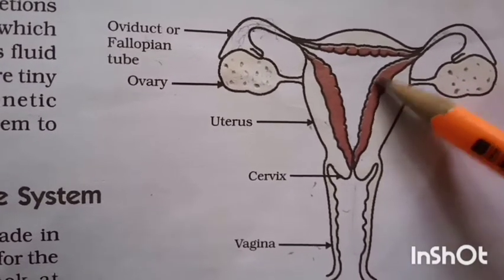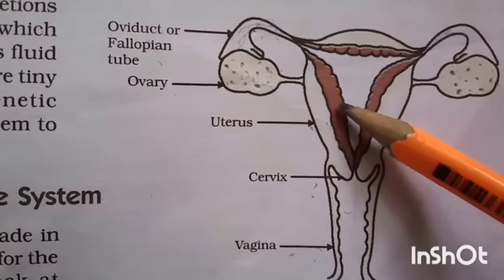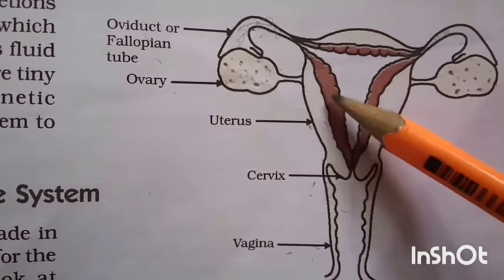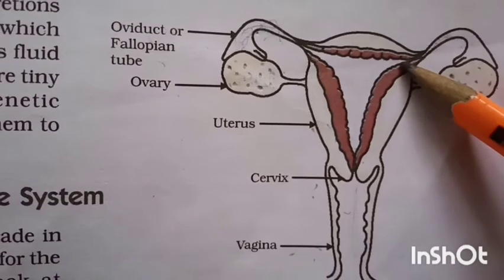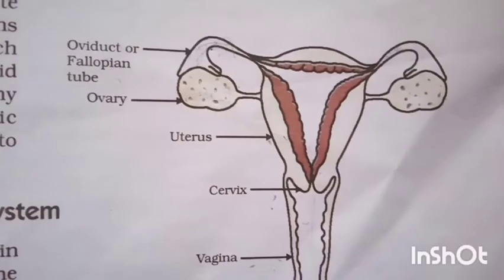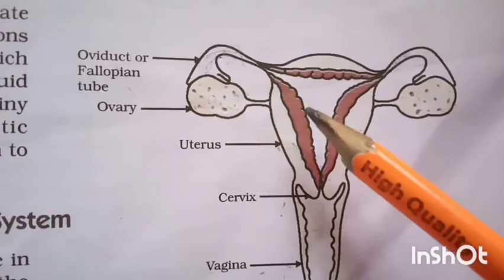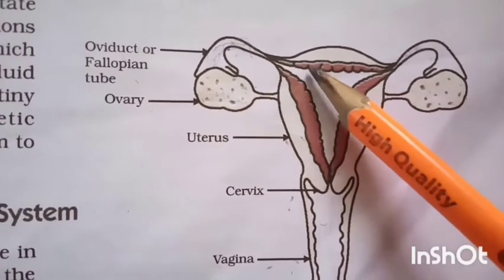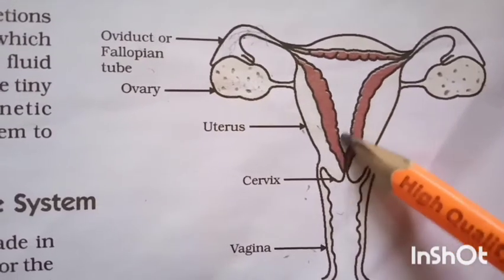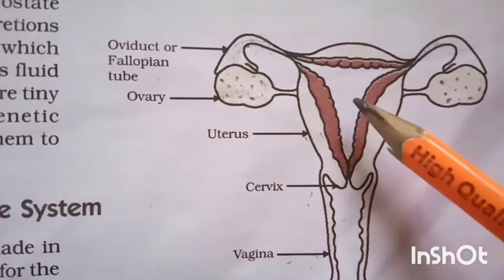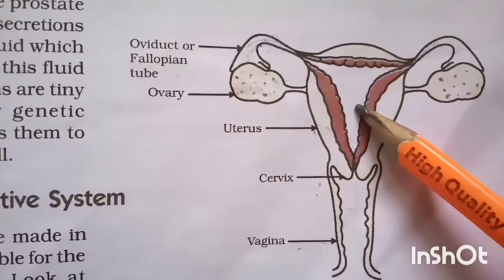And finally, that mass of cells attaches to the wall of the uterus. That cell mass forms the embryo and further embryonic development takes place inside the uterus of the female reproductive system.